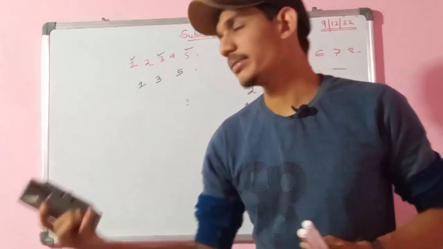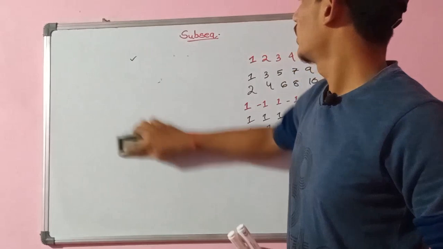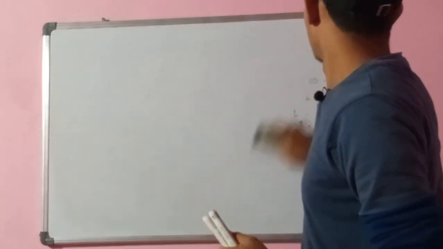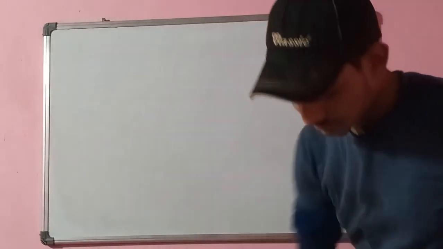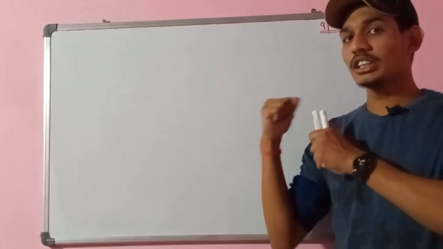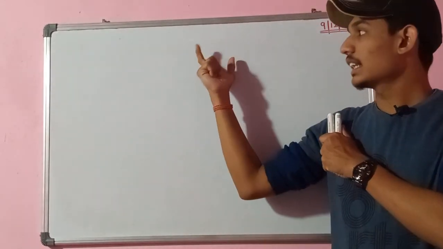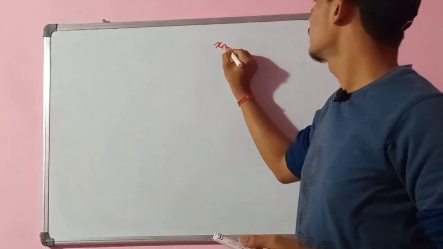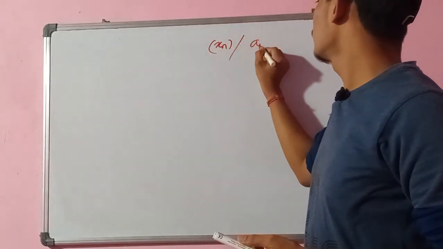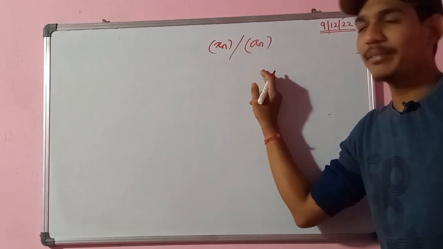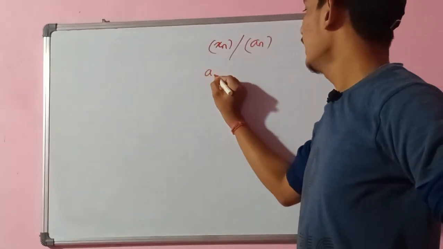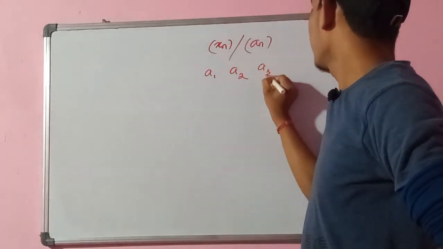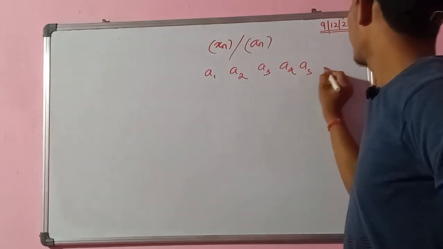Let's go to the book's definition. Remember, the order should be the same as in the sequence. Suppose my sequence is xn, or you can take an, since we took an from the very first class. So my sequence is a1, a2, a3, a4, a5.